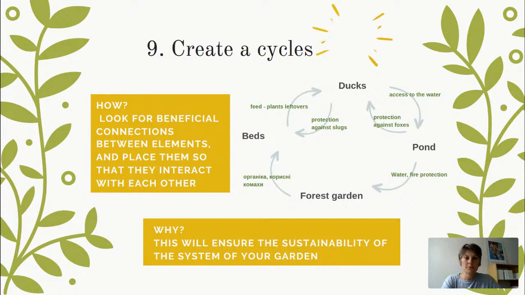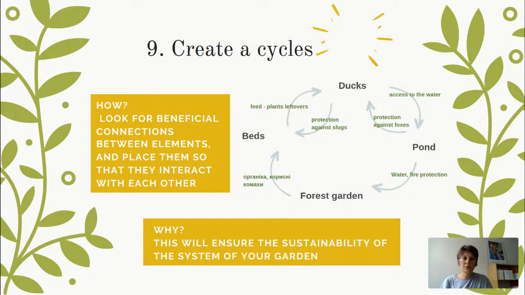And forest garden can give organic matter and good insects for garden beds. And from garden beds we can get some feed, some plant leftovers for the ducks, and ducks can protect garden beds against slugs.